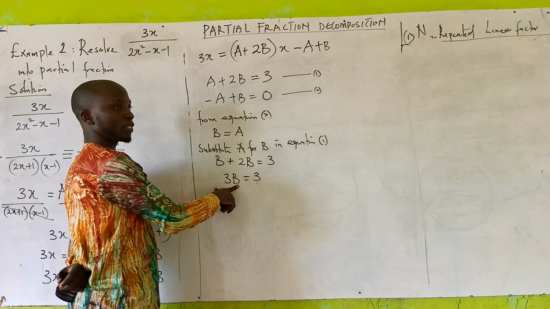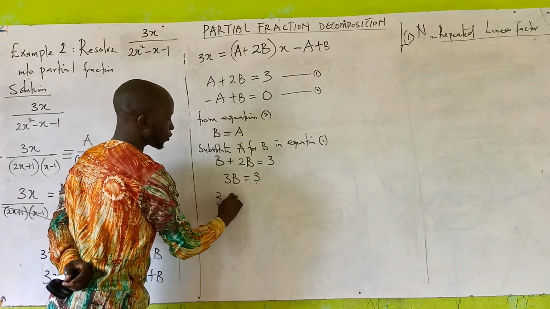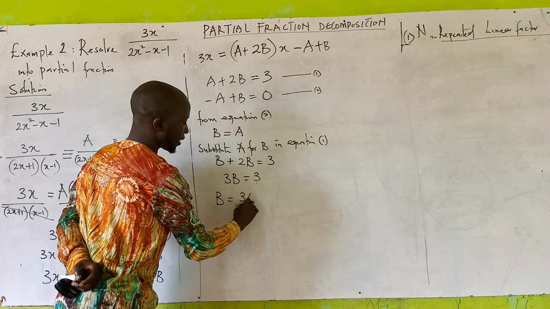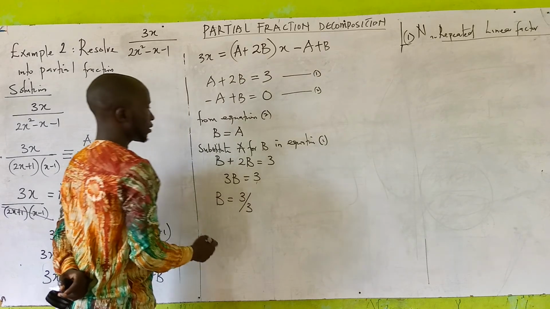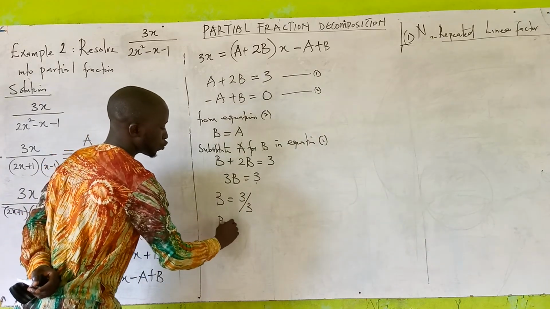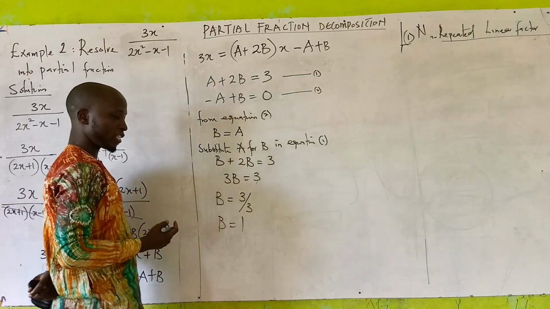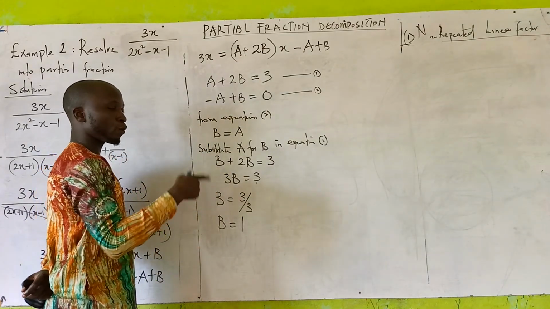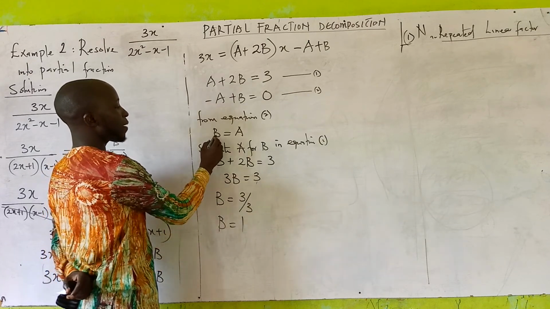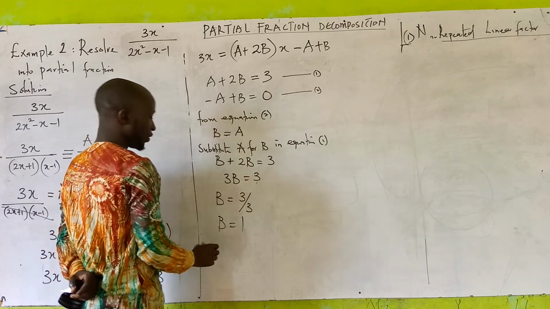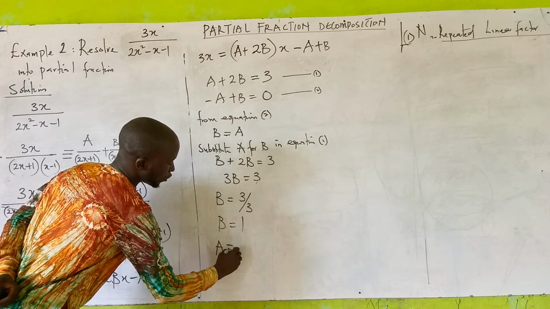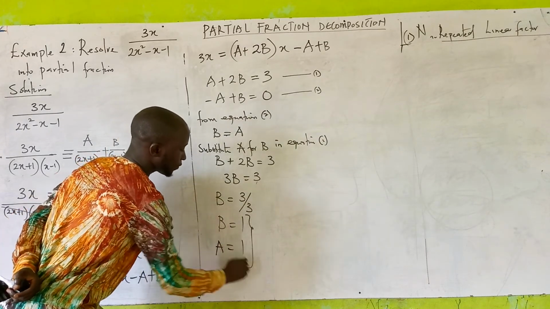Making b the subject, we are going to have b equals to 3 divided by 3. Therefore, what is our b? b equals to 1. If b equals to 1, now what is a? Since a equals to b, therefore our a is also equal to 1.